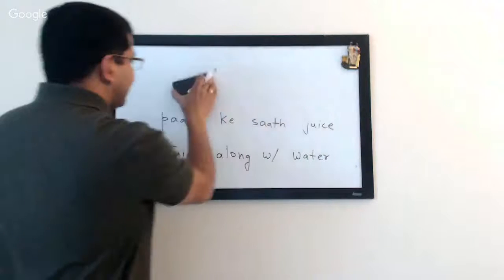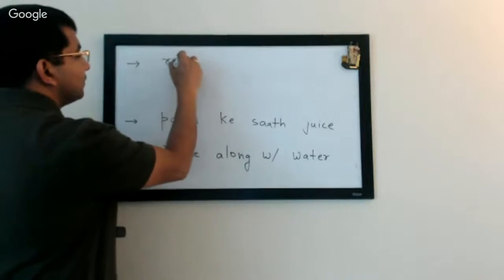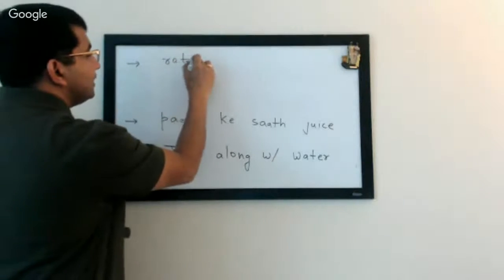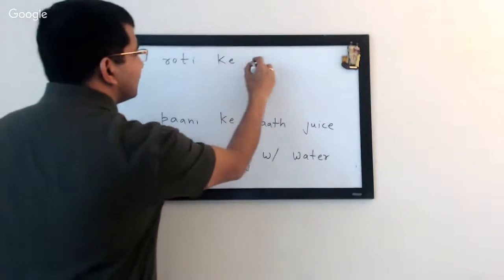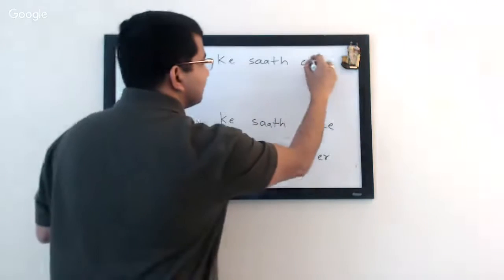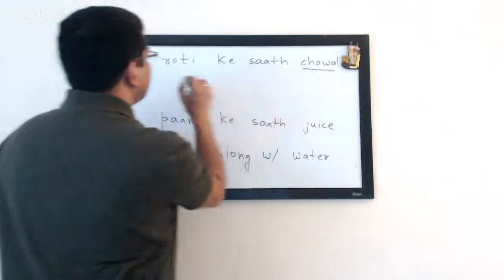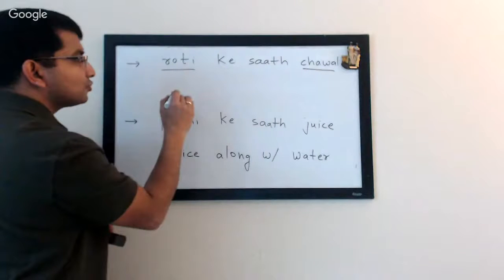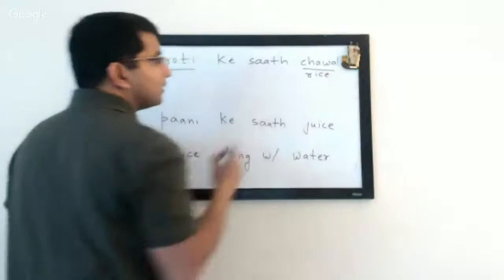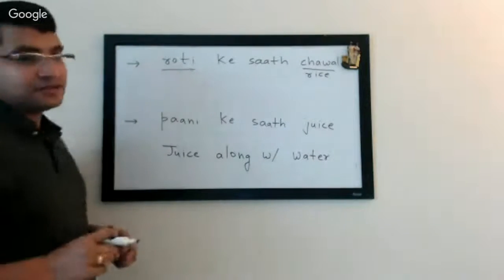Think of that as one example. Second one I have is रोटी के साथ चावल. Roti, I'm sure most of you know. Chawal is rice. Do you know the meaning of this? Roti ke saath chawal.